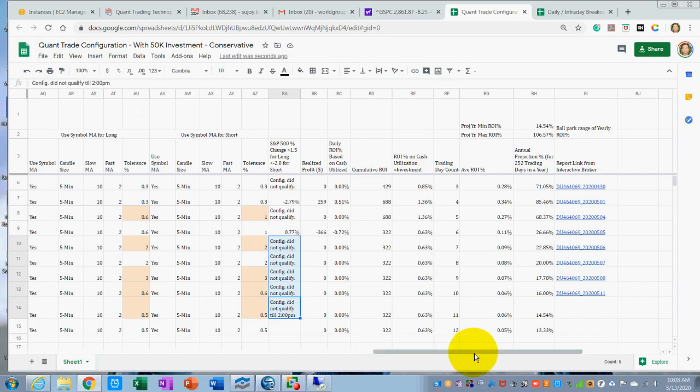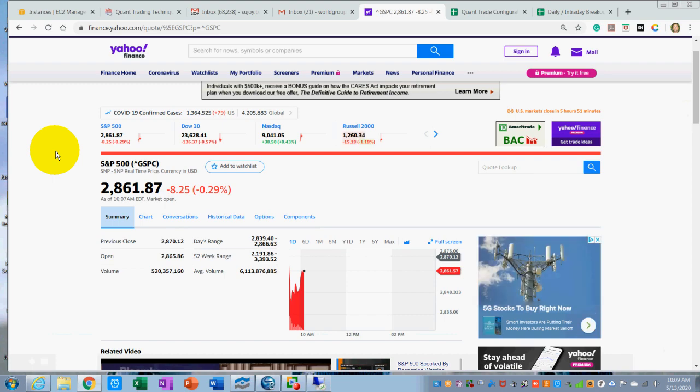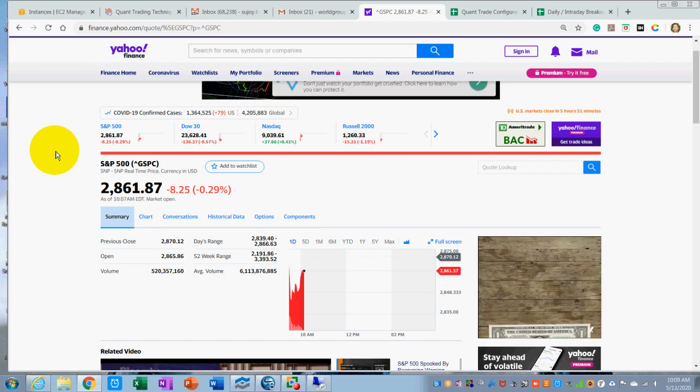So today we have loosened it a lot, but again the market, this 0.5% is probably not enough. It may have to be around minus 1% on the bear side and probably 1% on the bull side to be on the safe side when it comes to a sort of market confirmation.